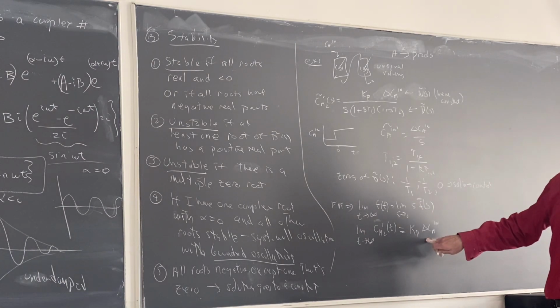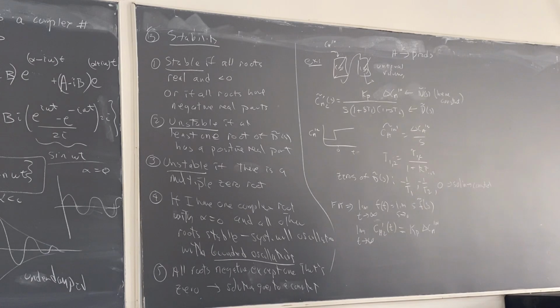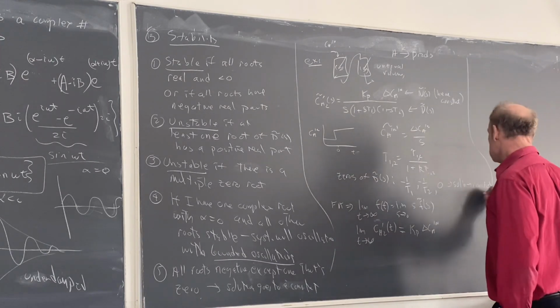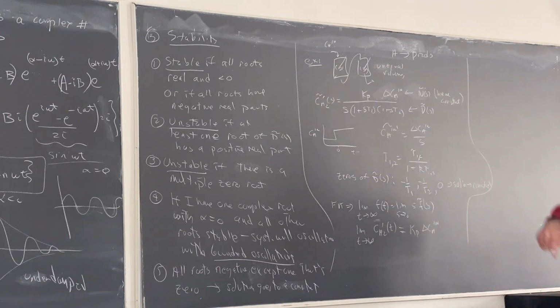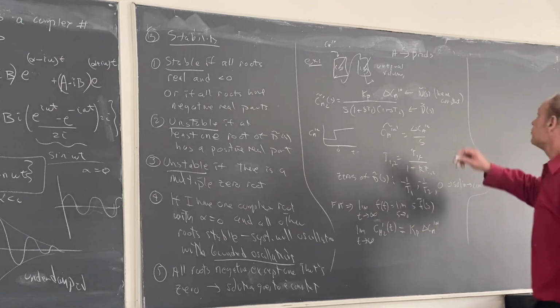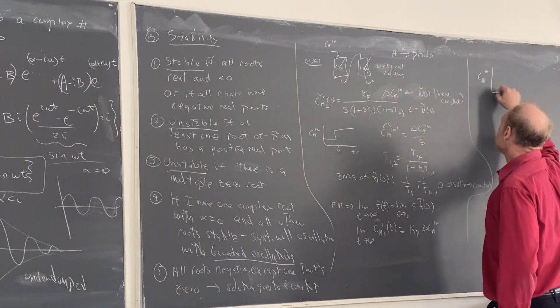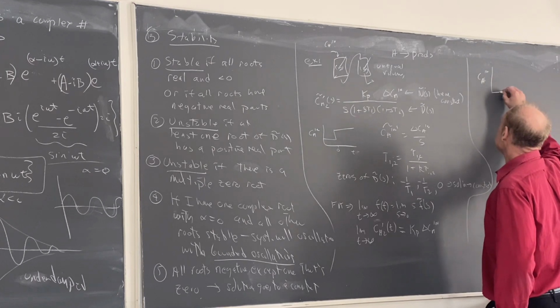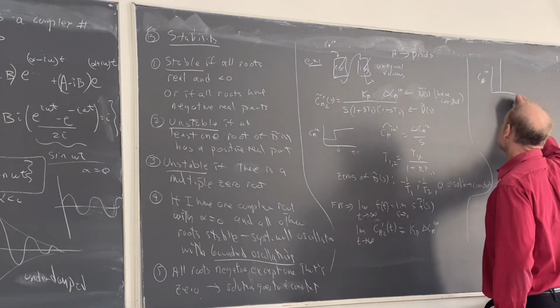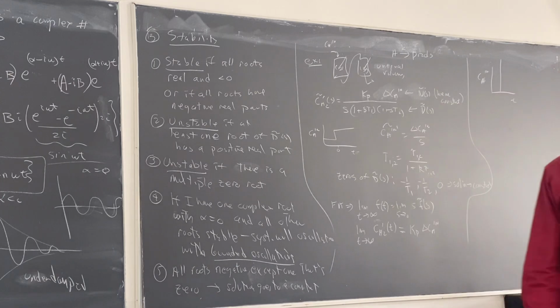That's the constant. By the way, let's notice what would have happened if instead of a step function, CA in is a pulse. This is t. So it's a Dirac delta.